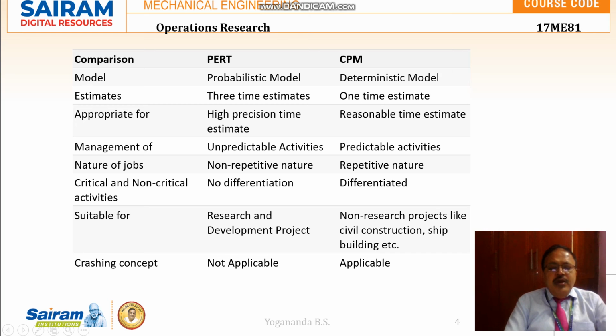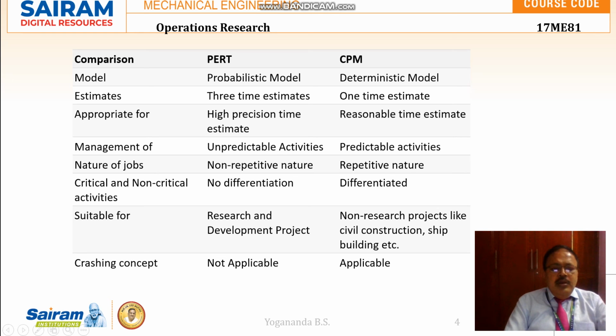PERT is suitable for R&D projects because here time is considered as money, and CPM is much more suitable for non-research projects like civil construction, building of ship bodies, etc. Crashing concept: not applicable in PERT, whereas in CPM it is applicable.